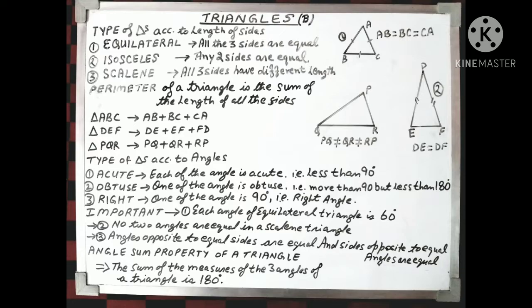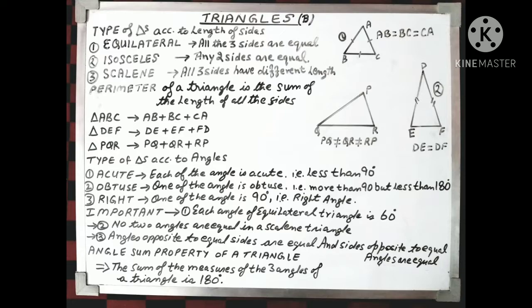The first is the equilateral triangle, in which all three sides are equal in length. The second is the isosceles triangle, in which any two sides are equal. The third is the scalene triangle, in which all three sides have different lengths, that is, no two sides are equal.